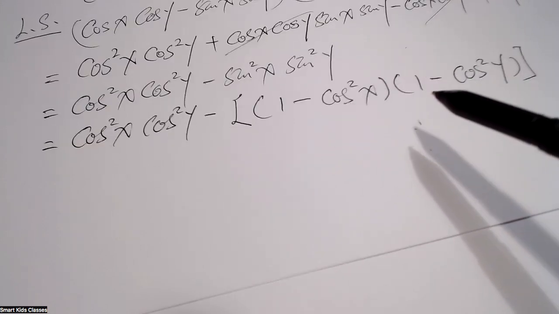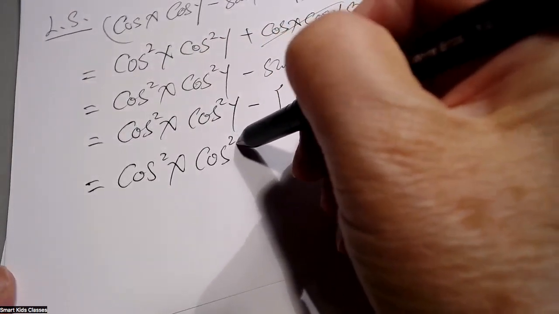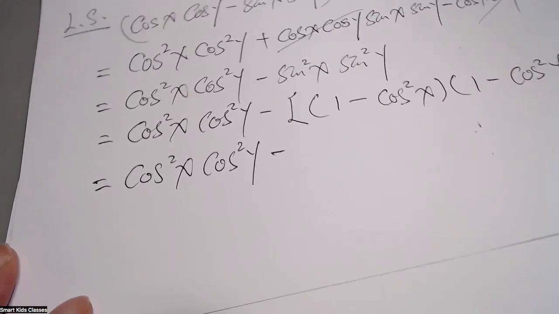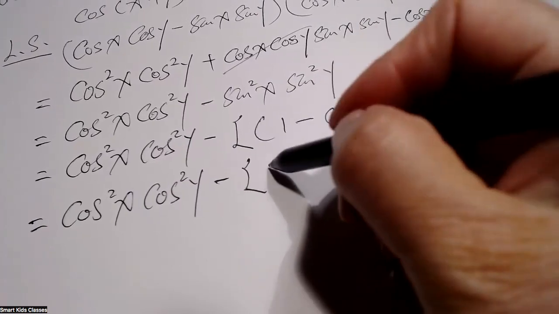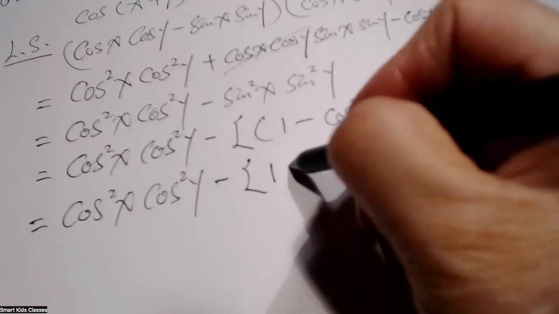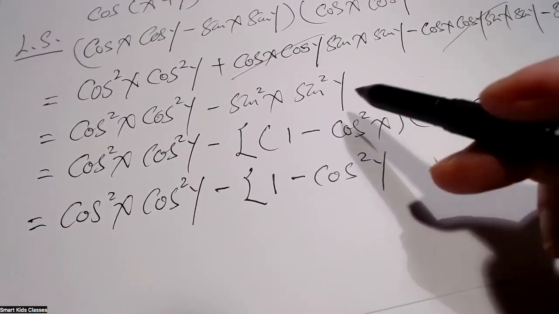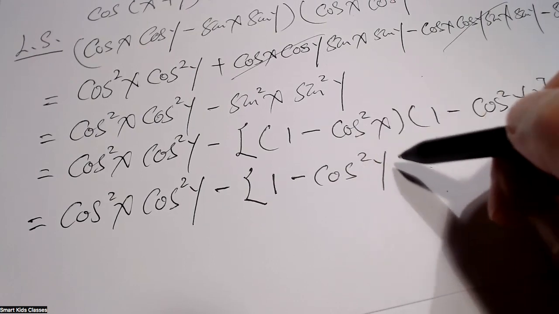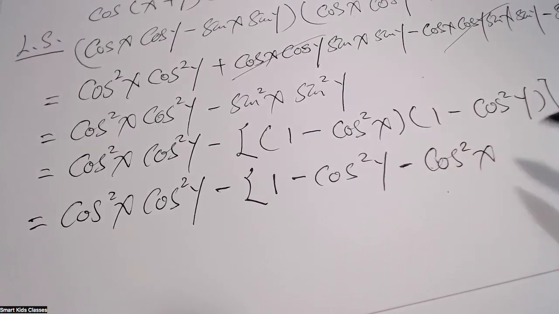So I'm going to do distribution to solve this large bracket. I subtract it. 1 times 1, we get 1. 1 times minus cosine square y, and this term, minus cosine square x.